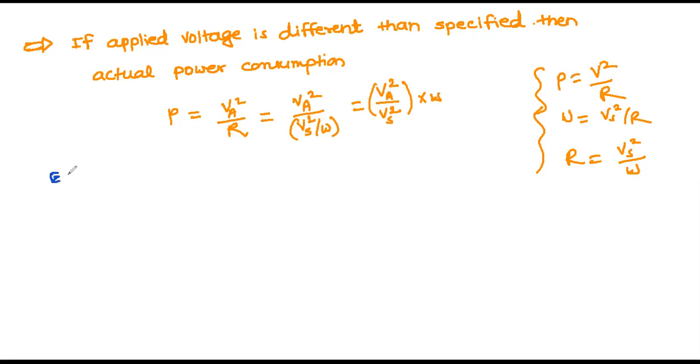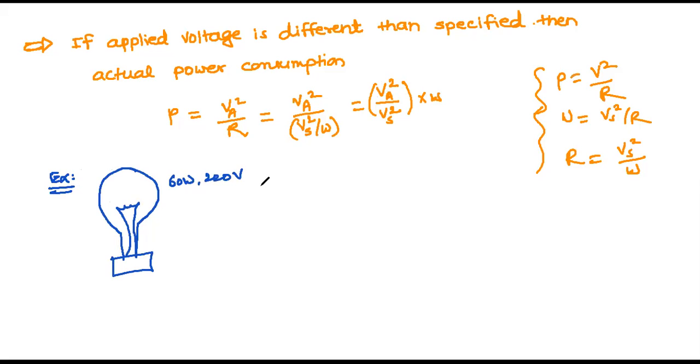Let's see one example. Again, I am taking the same bulb which we have taken before. On this, there is a rating of 60 watt, 220 volt. But we have operated it at VA equal to 200 volt.